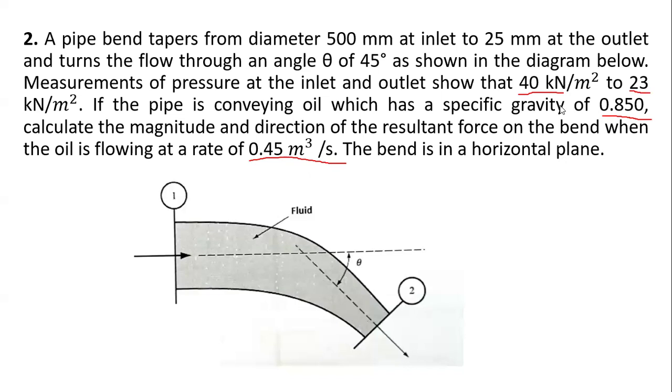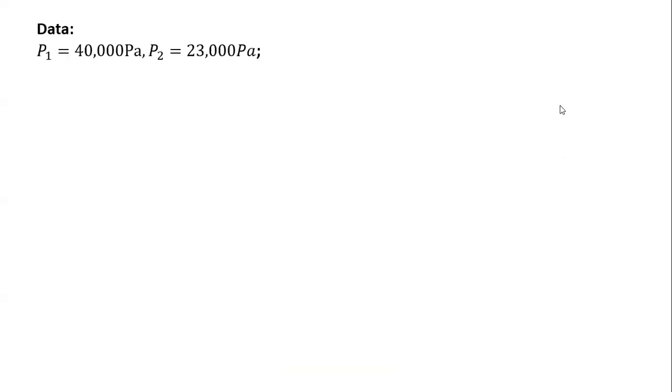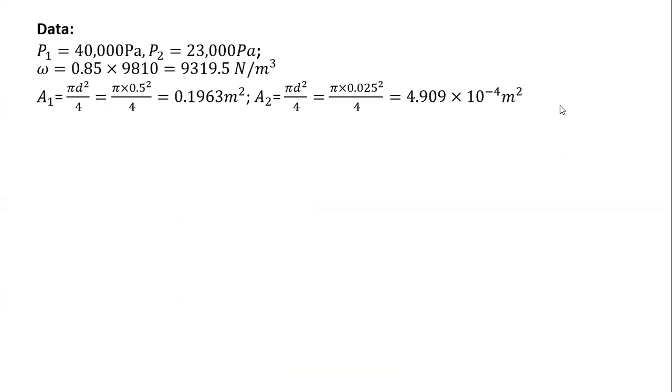So our data will start from those diameters we've been provided with. Okay, first of all, pressure 1 is 40,000 pascals, pressure 2, 23,000. Omega is 0.850. So to convert this to a specific weight, we multiply by 9,810. So we get 9319.5. Area 1 is pi d squared over 4.